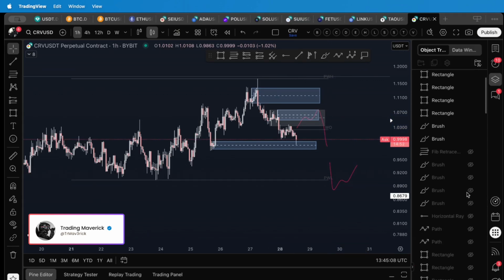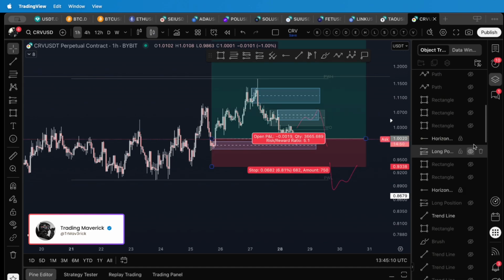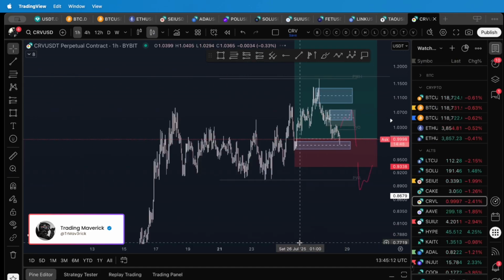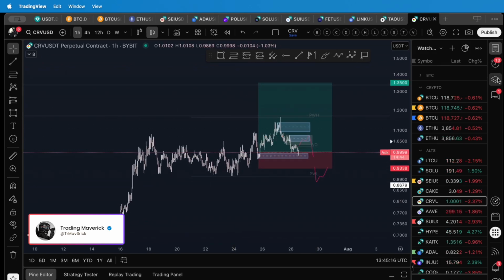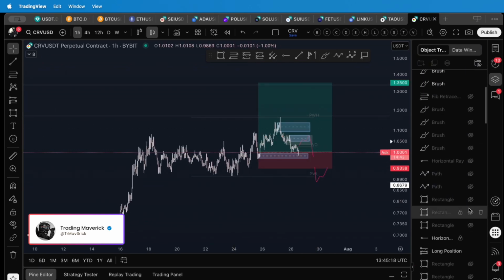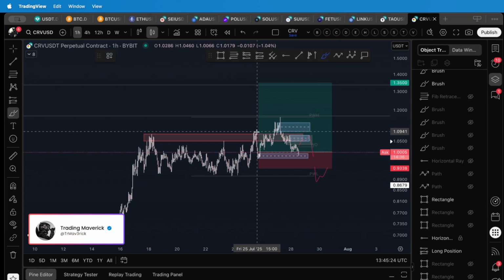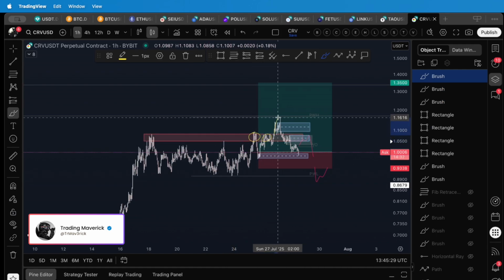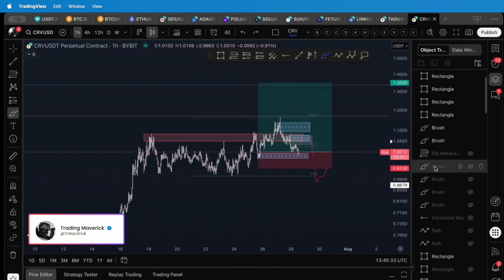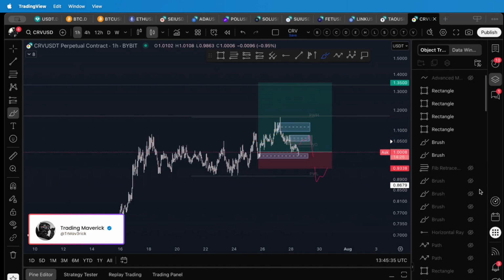But yeah, we had, let's find it, this CRV trade. I closed it because I was looking for price to break above the red box, it rejected here a little bit, broke above but then broke down on Sunday, so I just decided to close this one.